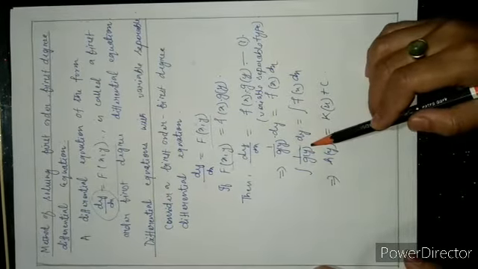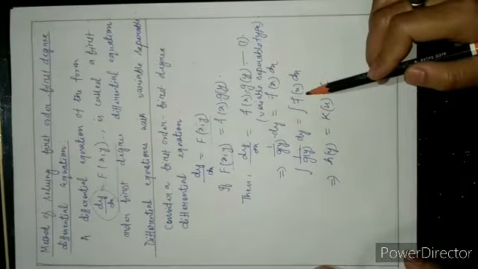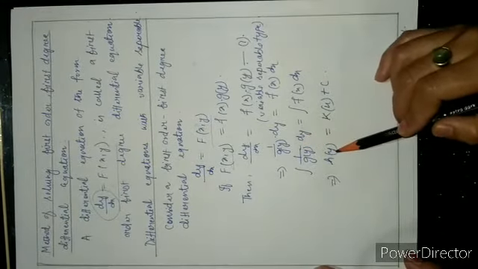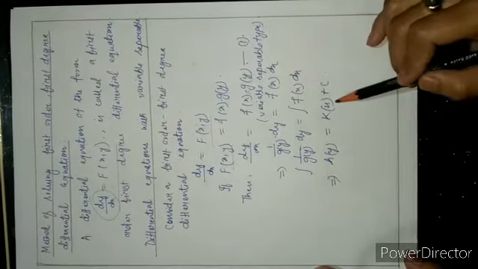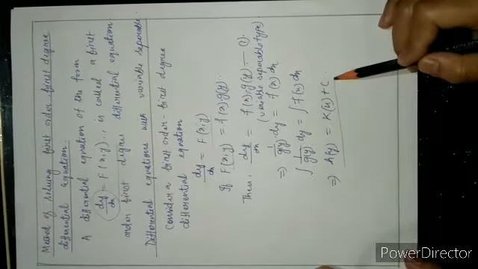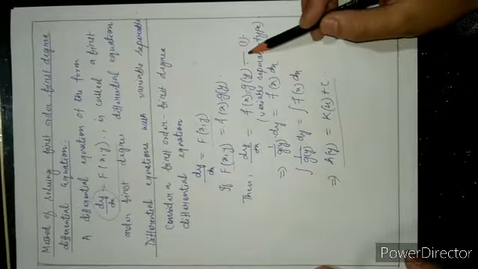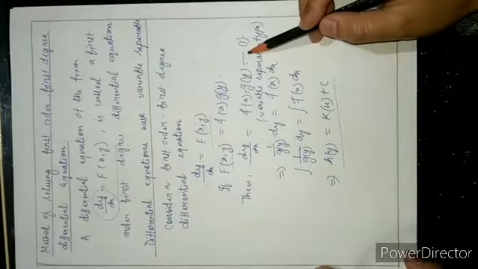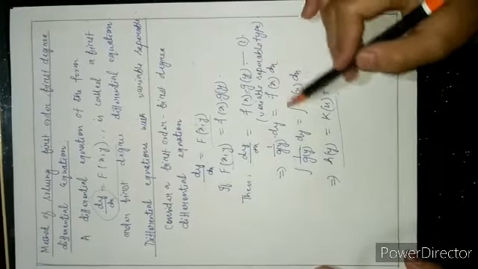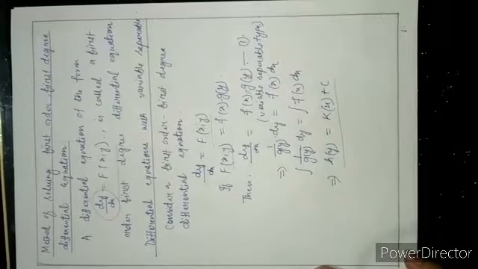Integration of 1 by g(y) dy and integration of f(x) dx. The integral of 1 by g(y) is h(y) and the integral of f(x) is capital F(x) plus c. And this is the general solution of the differential equation in equation number 1, that is variable separable form.